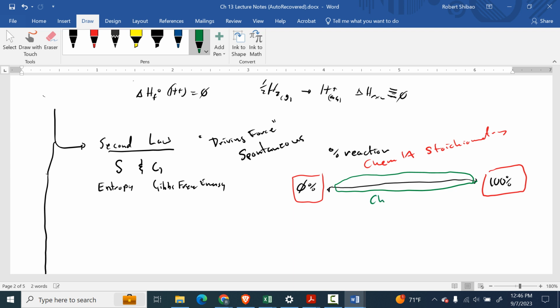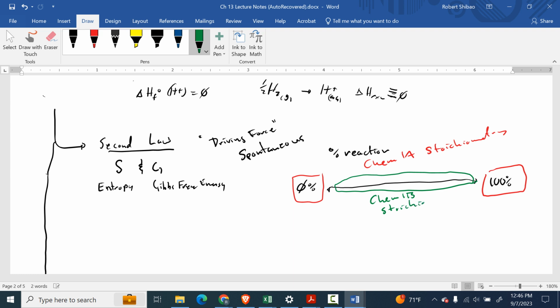And so in Chem 1B, we want to predict how much. So I gave you some examples. I said there's greater than 99.9%. Well, how did I know there's greater than 99.9%? Did I calculate it or did I measure it? There are two approaches that we can take. And so this will be Chem 1B stoichiometry.